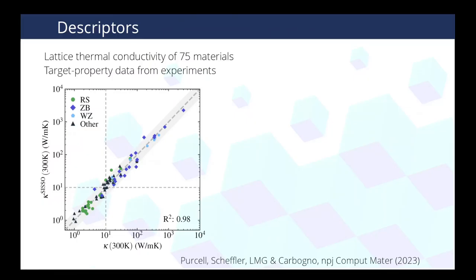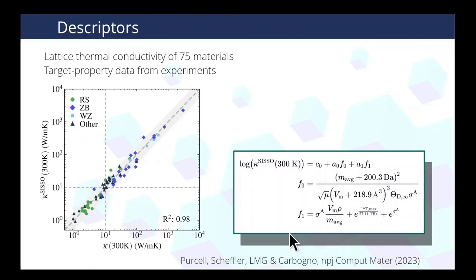We were evaluating the thermal conductivity of a class of binary materials, and we had a descriptor. The descriptor is here. These two components depend on, say, the molar volume of the material and the Debye temperature, so something related to the harmonic phonons, and some factor that is related to how anharmonic the potential energy surface is.